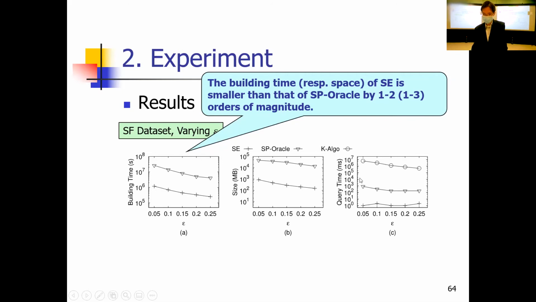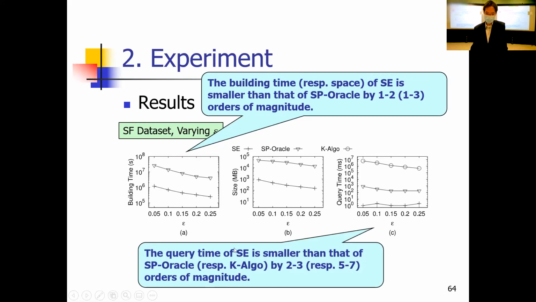Now go to this figure, which is the query time. Let me conclude here. The query time of our space efficient algorithm is much smaller than SP Oracle or the other existing algorithm, by 2 to 3 or 5 to 7 orders of magnitude. So we have a very significant contribution.